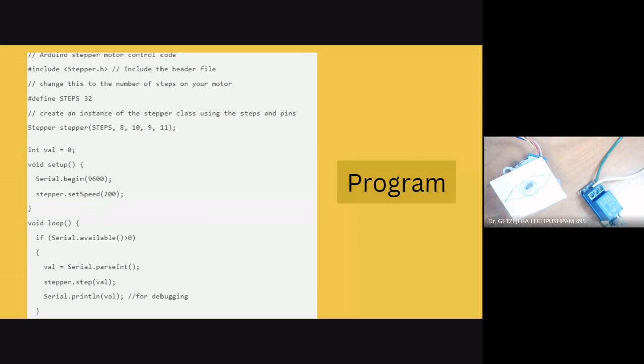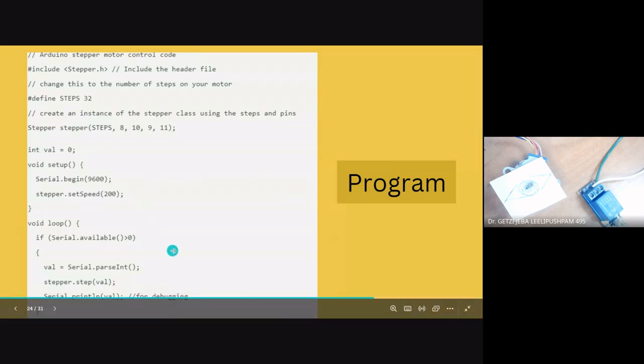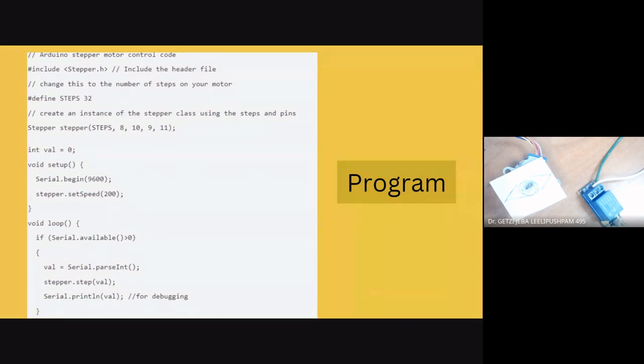You should give the input number through your keyboard. So I'll be giving this value through the keyboard, and based on the value, the motor will rotate. So I just give a value. I want everybody to observe the video.